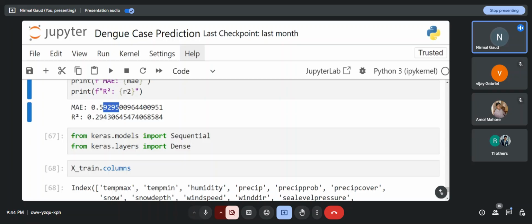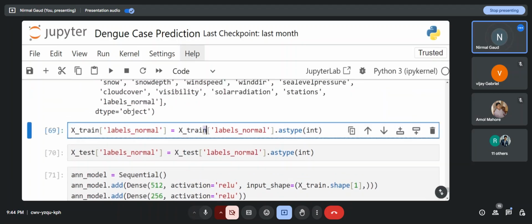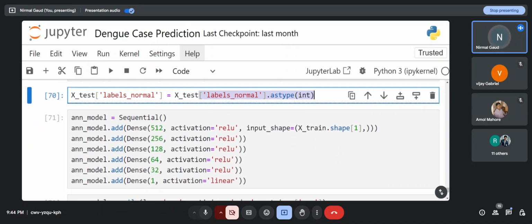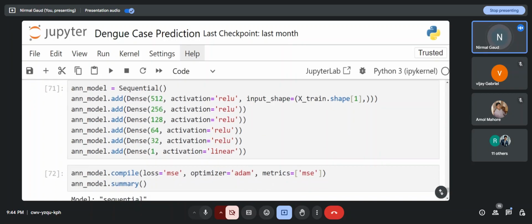These are the results which I got from the machine learning models. Then I thought to apply deep learning also. I used a sequential model with dense layers. I converted the data into integer type, and then gave it to my deep learning model for training. So 512 neurons, 256, 120. This is how I took the neurons. It's up to you, you can change the architecture.